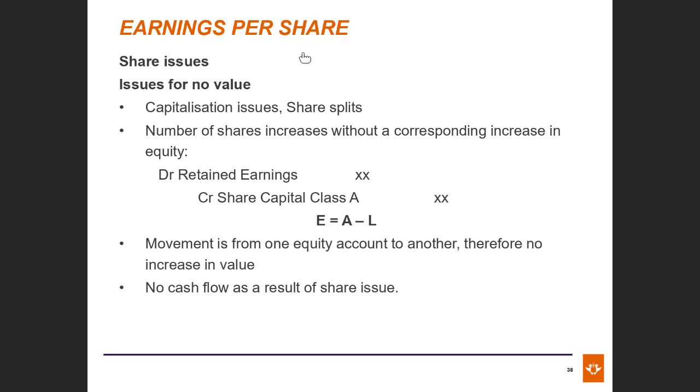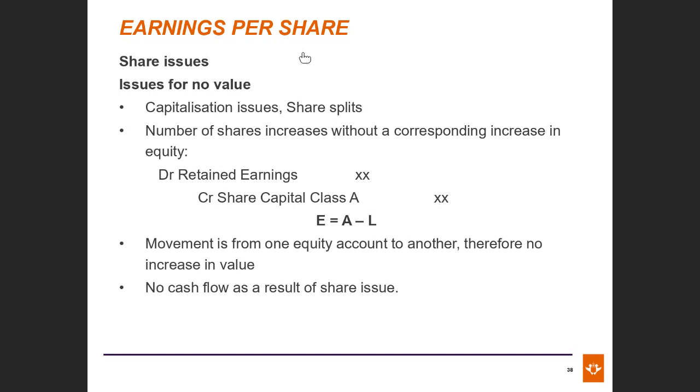Okay, so here this just explains it further, and then we're going to get to an example. So issues for no value, we said that an example of this would be a capitalization issue and a share split. No money is received from the shareholder. So the number of shares will increase without a corresponding increase in equity. Okay, so if you think of the journal entries, there's really no effect here.